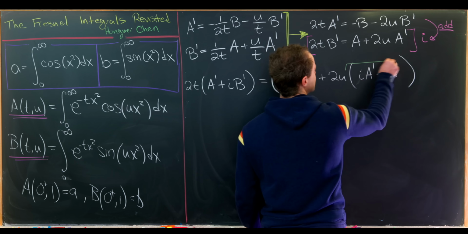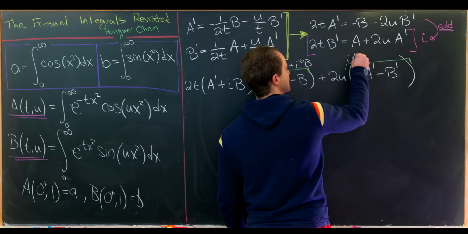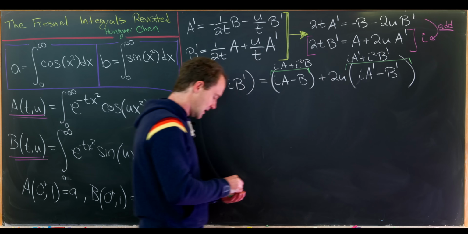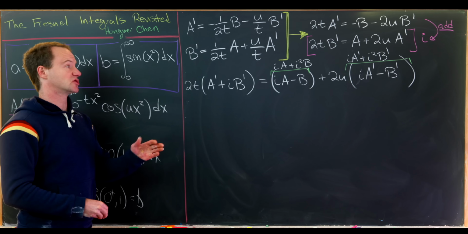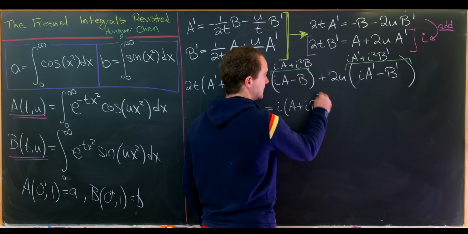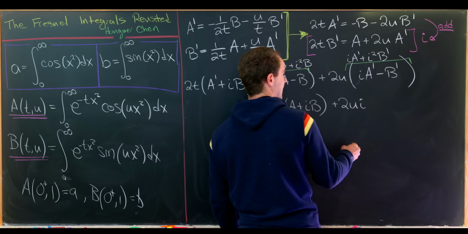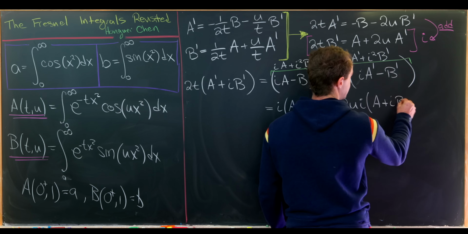Then we'll do essentially the same thing here, but with derivatives. So I'll have i times a prime plus i squared times b prime. And that motivates the ability to factor an i out of each of these terms. That leaves us with i times a plus i times b, and then plus 2u times i, and then a prime plus i b prime.